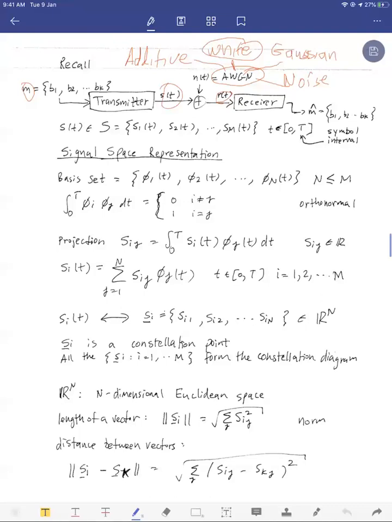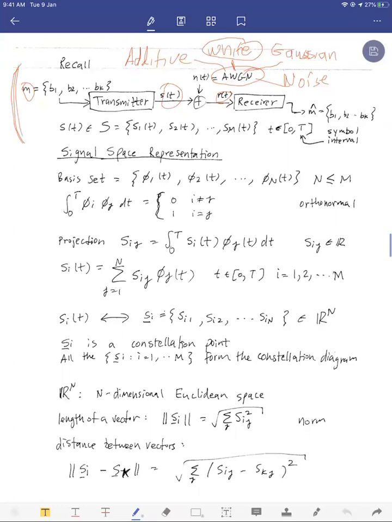And these things are defined in some symbol interval T. So T is the duration of the symbol interval. Okay, and this, of course, will determine my bandwidth. Okay, so are we clear on this model? This is the model that we've been talking about of a simple communication system.